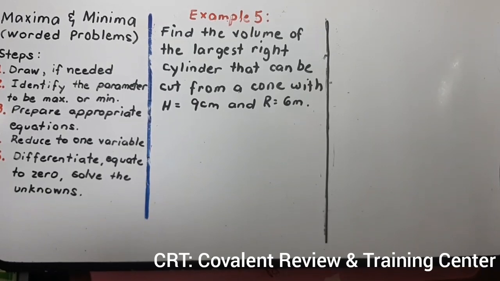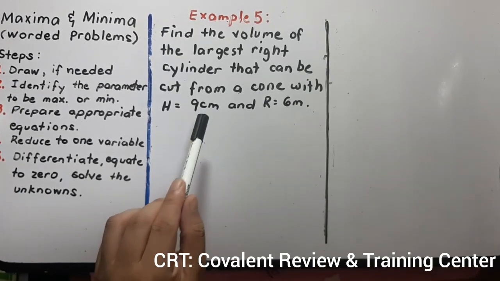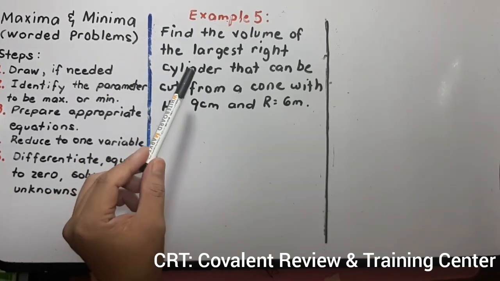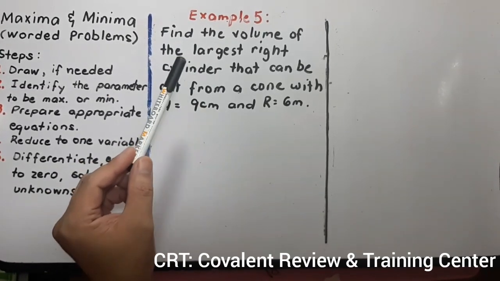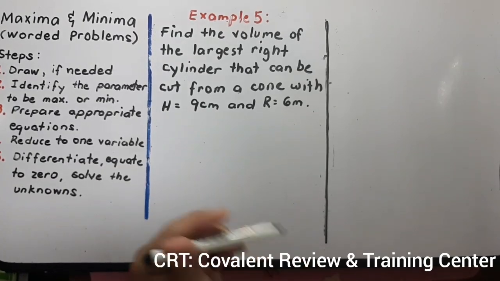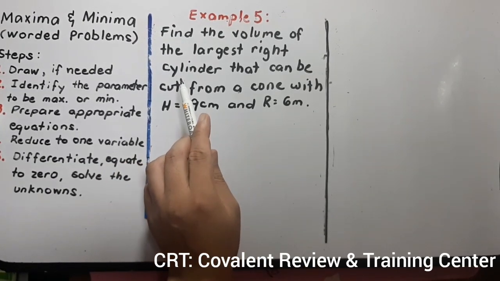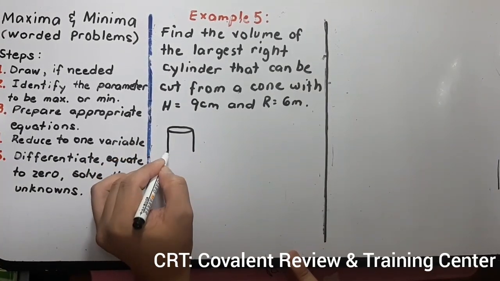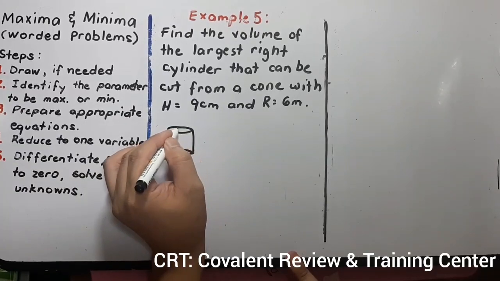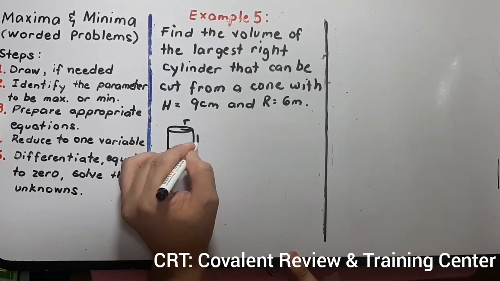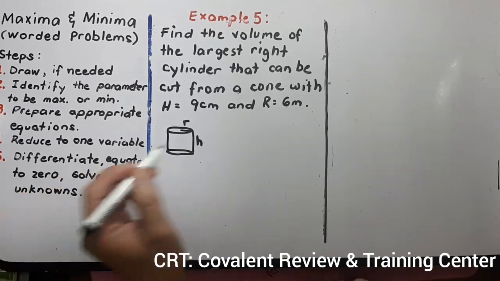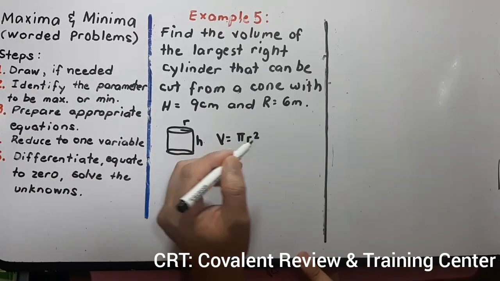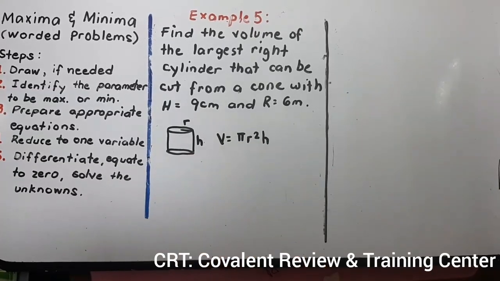Example number 5. This example is the continuation of example number 4. So we are going to use the shortcut we derived from example number 4. This is in finding the volume of the largest cylinder. So when we say cylinder, it has a radius of r and height of h. So the volume is pi r squared h.